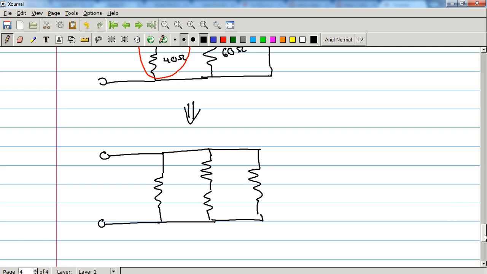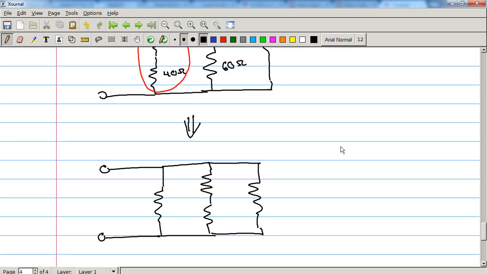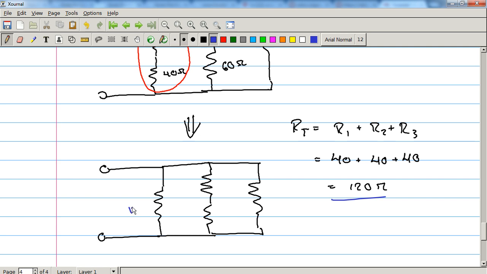So let's solve this. These are in series, so it's very easy. We just add. RT is R1 plus R2 plus R3, which is 40 plus 40 plus 40, which is just 120 ohms. Underline that in blue so you know that's what we solved. 120 ohms.